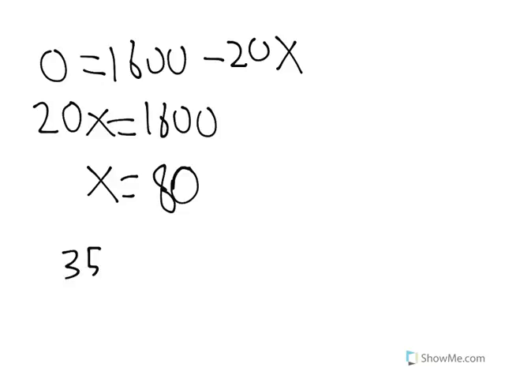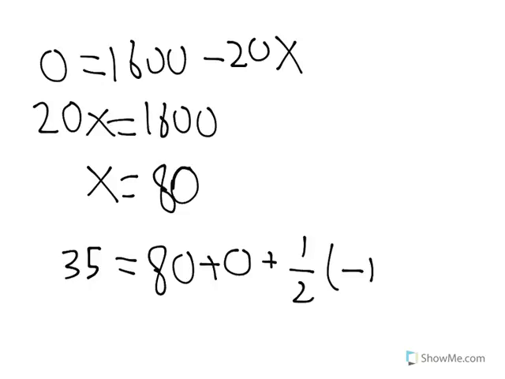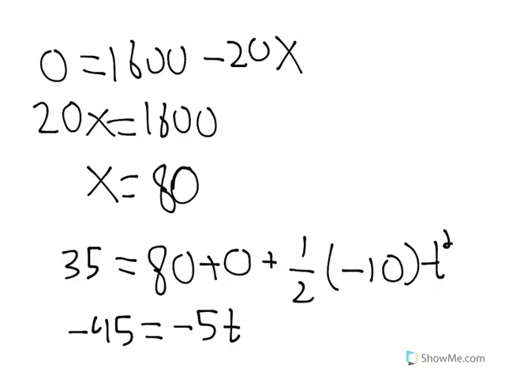We can say that's 35, equals x original, that's 80, plus velocity original. Velocity original is 0, so anything multiplied by that is also 0. So we'll skip that term and go right to 1/2 acceleration, which is negative 10, times t squared. So we can solve this for the time it takes to fall back down again. 35 minus 80 is negative 45 equals negative 5, because 1/2 of negative 10, t squared.